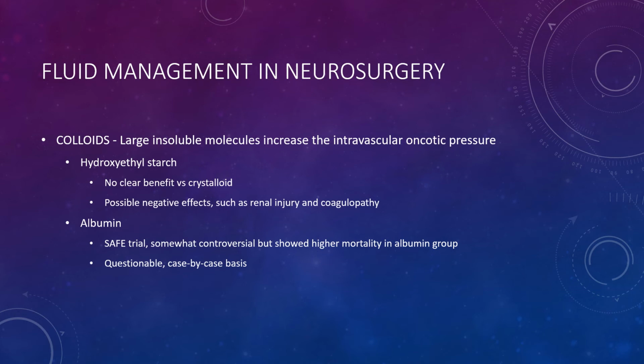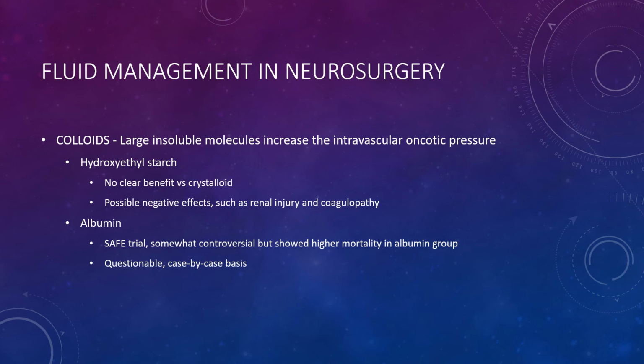The other option for fluid management is colloids, which contain large insoluble molecules which increase the intravascular oncotic pressure. First option is hydroxyethyl starch. It's been studied versus crystalloids, and it's been found that overall there's no clear benefit, but it does carry possible negative effects like renal injury and coagulopathy, and so it's rarely used. The other option is albumin.